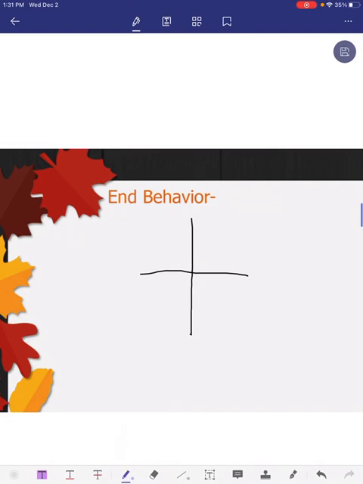Now, if I'm wanting to talk about the left side of my graph, notice that if I'm going to the left, I'm talking about x as it goes towards negative infinity. The little arrow means goes towards. So I'm saying x is going towards negative infinity. I'm talking about the left side of my graph.